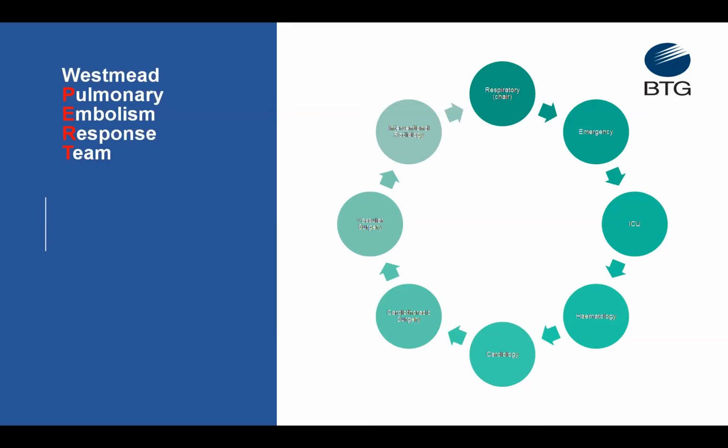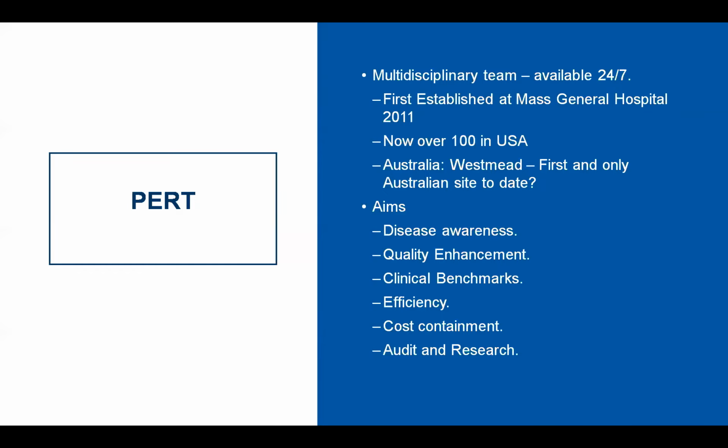So next day I went to my boss. I said, oh, look, in the US they do this kind of service. He said, oh, that's a good idea. Let's start it here in Westmead. So we called respiratory, emergency, ICU, hematology, and other relevant teams. And then we had a discussion with them to establish this service in Westmead Hospital.